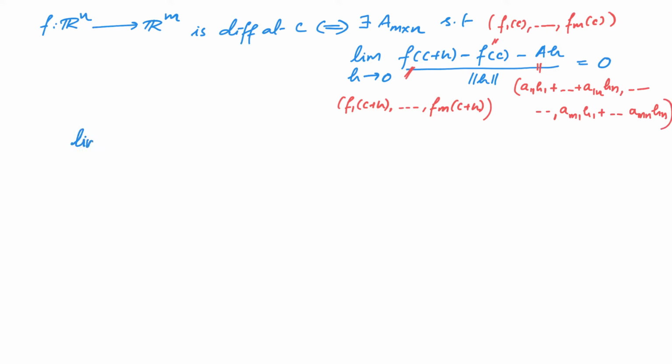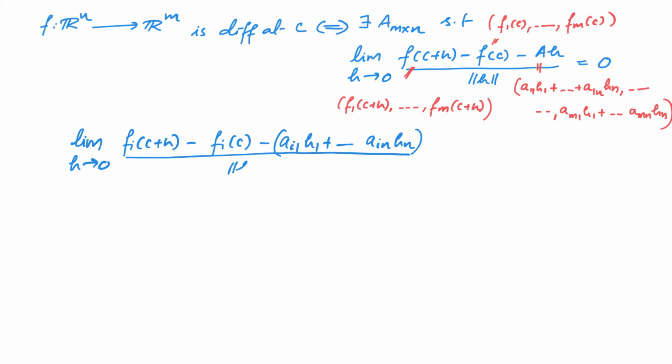We also know that this limit will be equal to 0 if and only if the limit of the ith coordinate is equal to 0. In other words, the limit as h tends to 0 of (fi(c+h) - fi(c) - (ai1 h1 plus etc. up to ain hn)) divided by norm h is equal to 0.